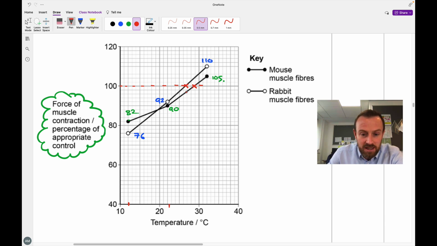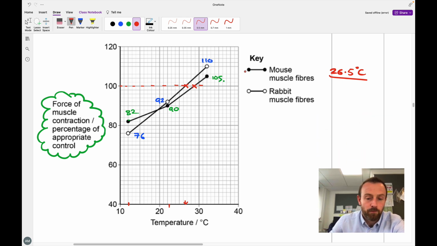If we drop this down to there, that's 26.5. So 26.5 degrees is the key point. Below 26.5 degrees, the force is lower, and above 26.5 degrees, the force is higher than normal.